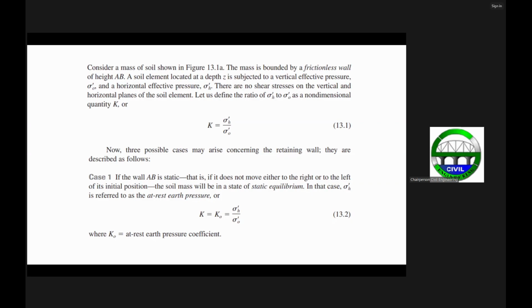That means there's no movement in the wall, so you have a condition of at rest earth pressure for that frictionless wall. In that case, the K can be given as K sub O, where K sub O is called the at rest earth pressure coefficient.